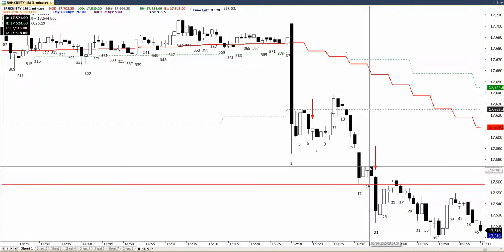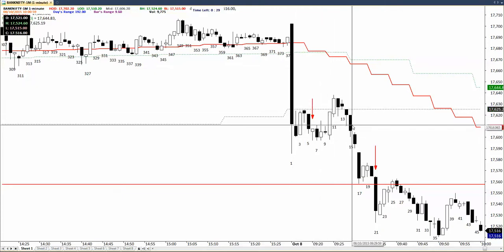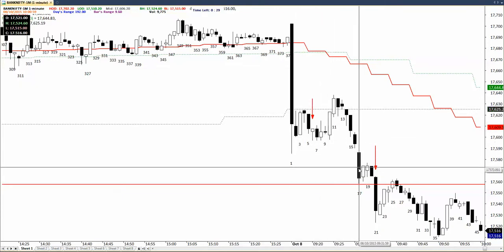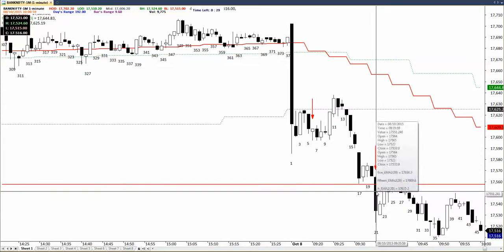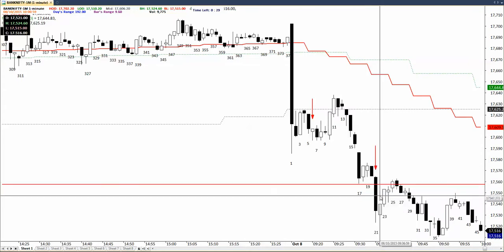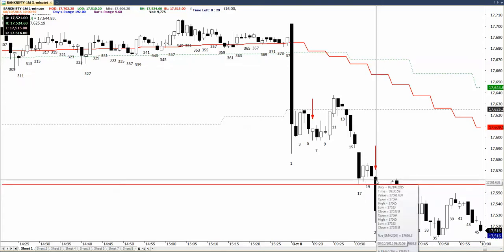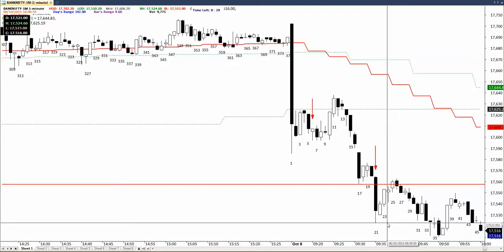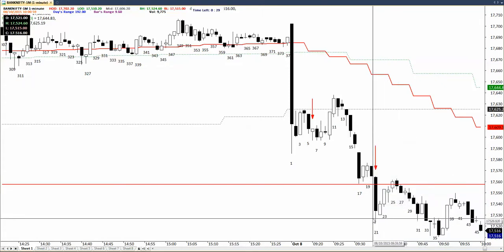But looking at this price action and looking at this trading range being broken successfully, I expected at least a second leg, and hence placed a short order below bar 18 low, which is basically 17,560. Entry triggered on bar 21, a nice strong entry bar, and you got the 30 points on the entry bar itself.